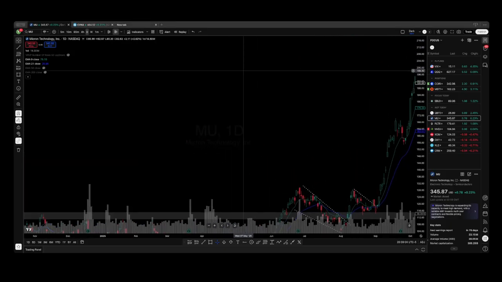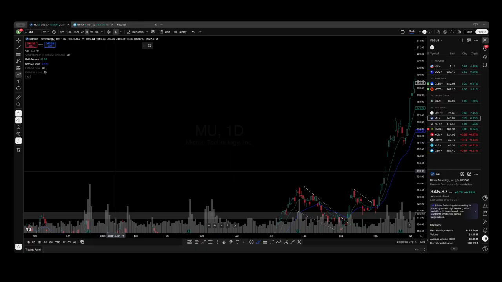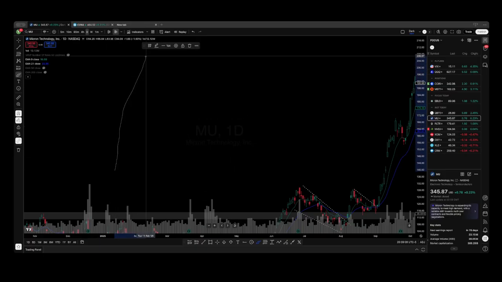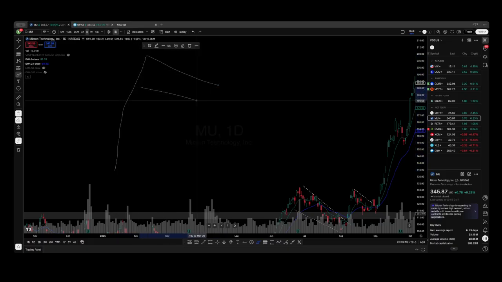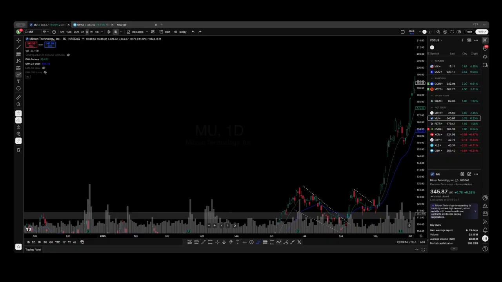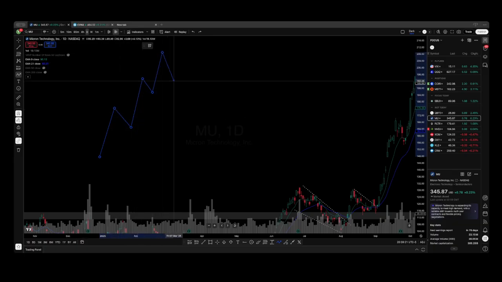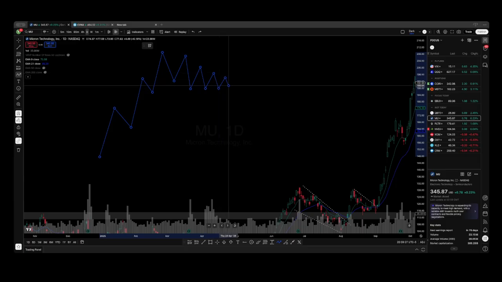And like I said, we've all agreed that this is what a bull flag looks like. Actually, let me try using this. Price is in an uptrend, and then it begins to pull back and set up a flag or a pennant.